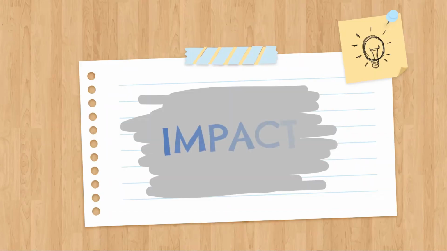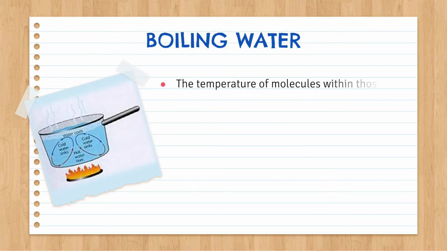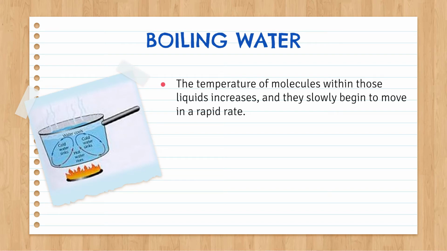We can see the impact of our mini project through applications in our daily life. First, when we boil water, the temperature of molecules within the liquid increases and they begin to move at a rapid rate. These molecules get charged up, thus producing kinetic energy.